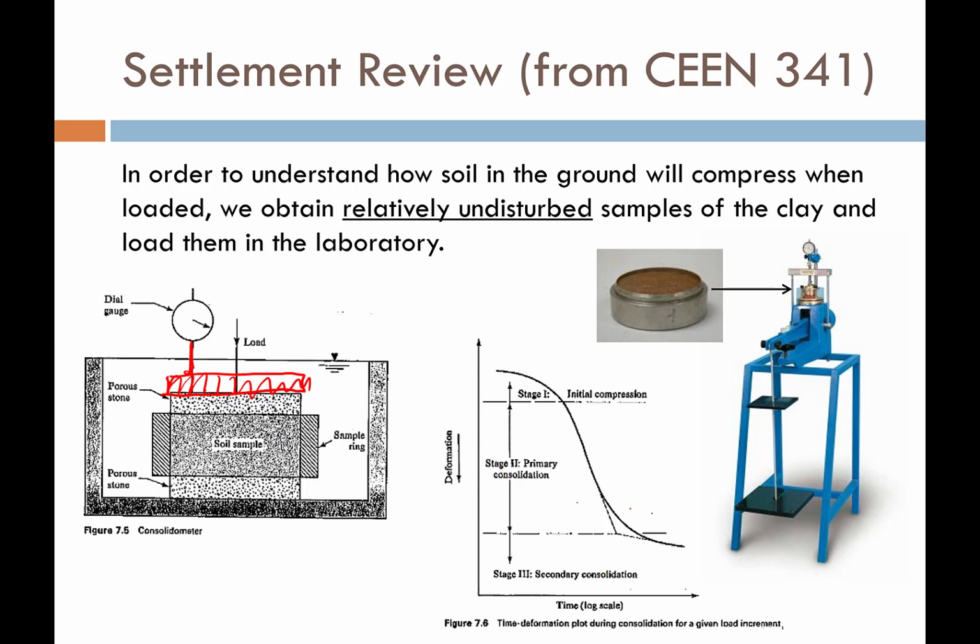There's a point where it accelerates and it compresses at a constant rate, which is this rate right here, for a certain amount of time. But then that rate starts to change right in here, and that's when we're nearing the end of primary consolidation. That would be stage 2 according to this plot. Stage 1, of course, is just the initial compression or the seating load. Once that rate of deformation changes, it becomes constant again, but it is a much lower rate. And so down here, that rate would correspond to our secondary consolidation.